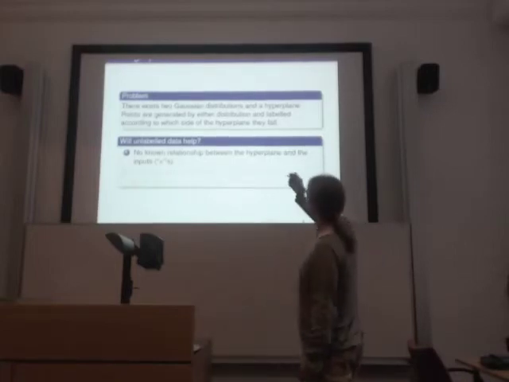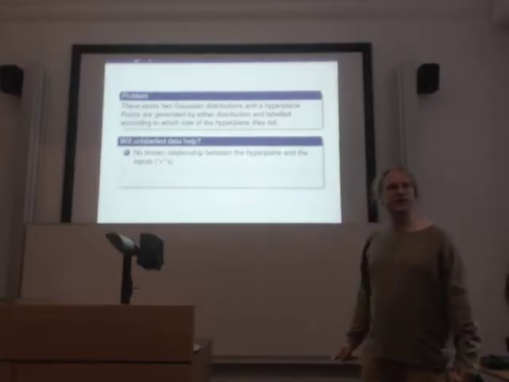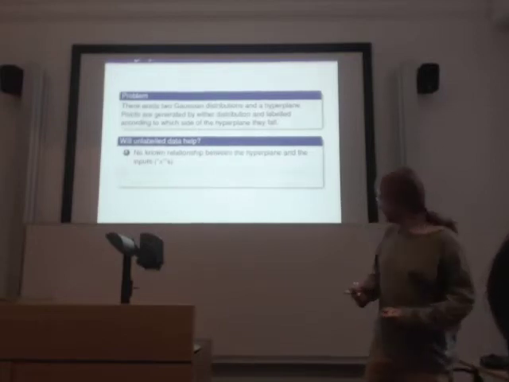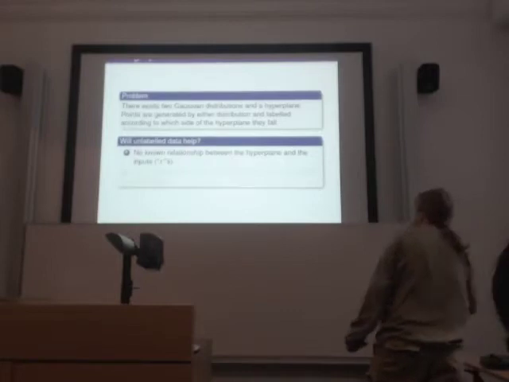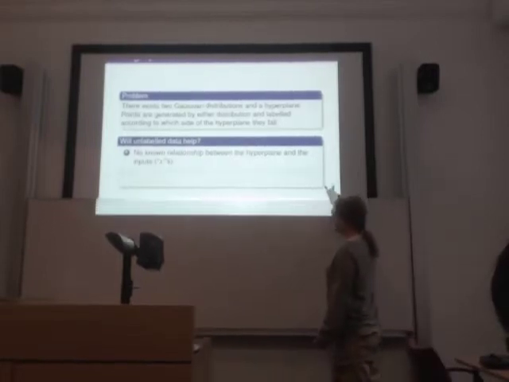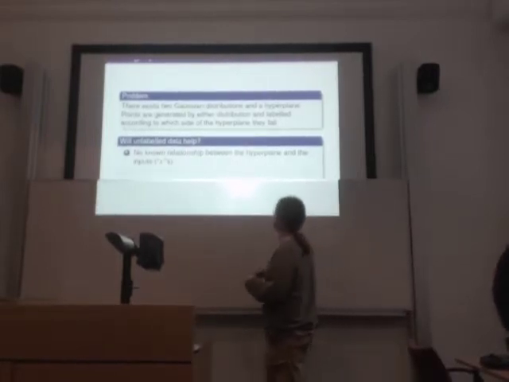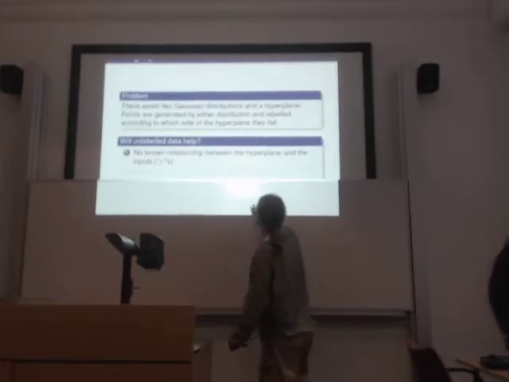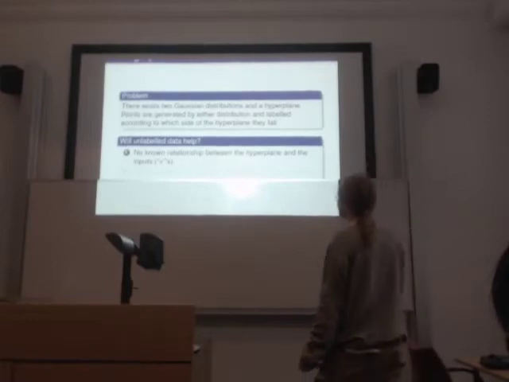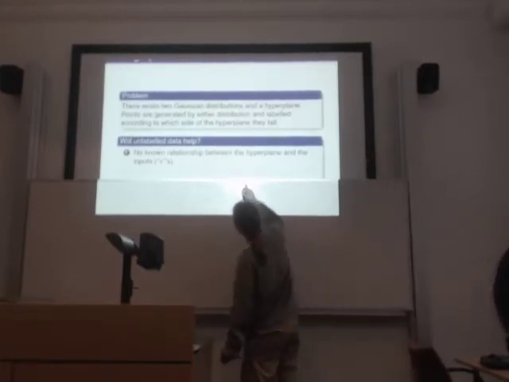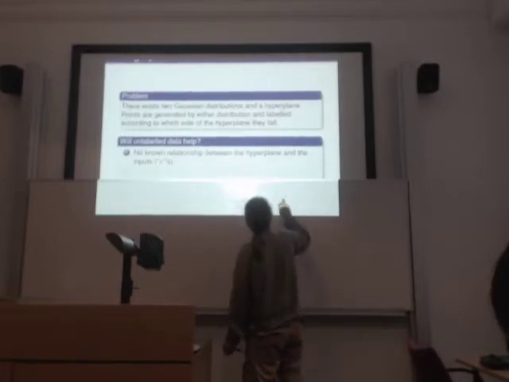And then there's some hyperplane, and this hyperplane is going to pass through these two Gaussians. Like that. Okay? And so that means the points on the top here will be labeled plus. And the points on the bottom here will be labeled minus.